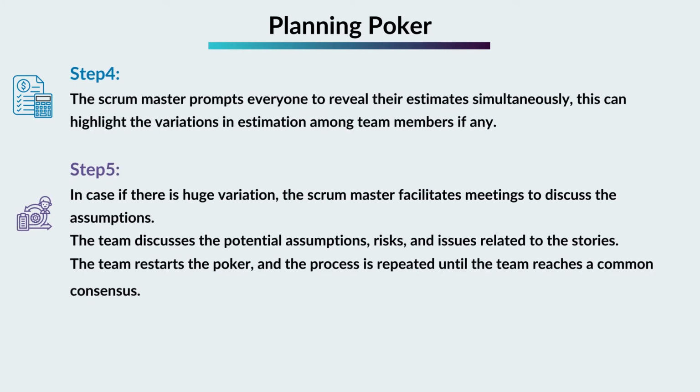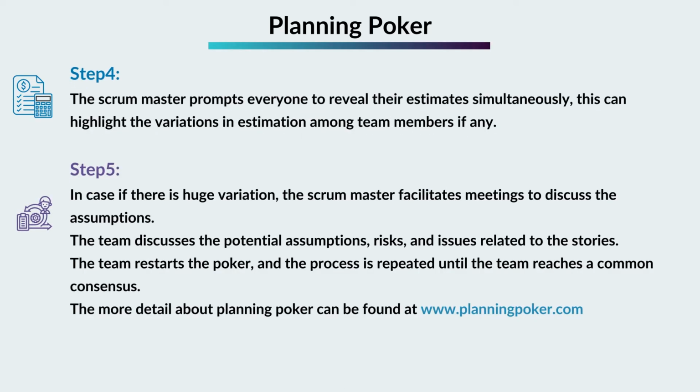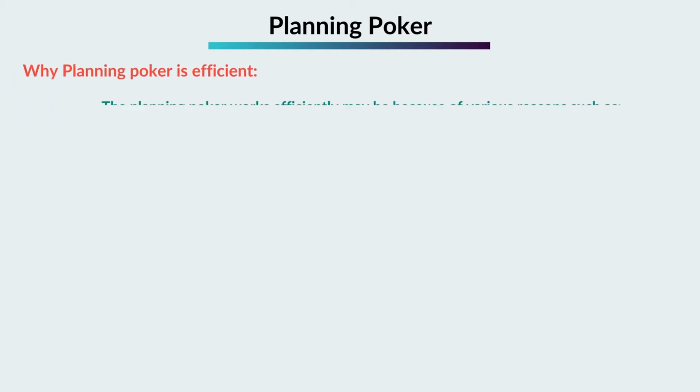In case there is a huge variation, the Scrum Master facilitates meetings to discuss the assumptions. The team discusses the potential assumptions, risks, and issues related to the stories. The team restarts the poker, and the process is repeated until the team reaches a common consensus. More detail about planning poker can be found at www.planningpoker.com.